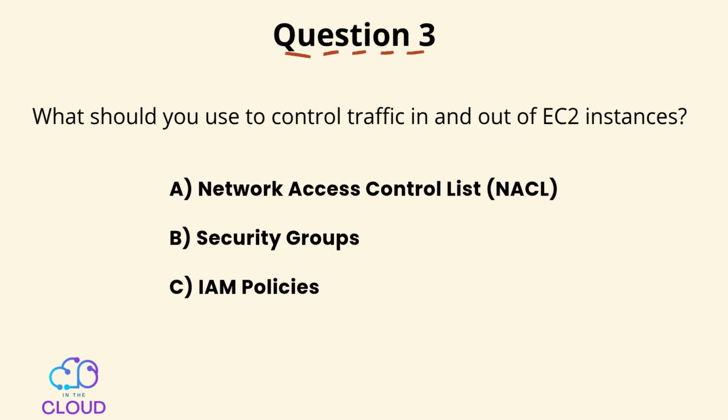C. IAM policies. They are JSON documents that define users' permissions in one or more statements. So in this scenario, the good answer is B, security groups, to control traffic in and out of your EC2 instances.